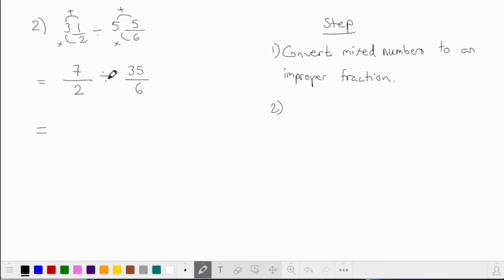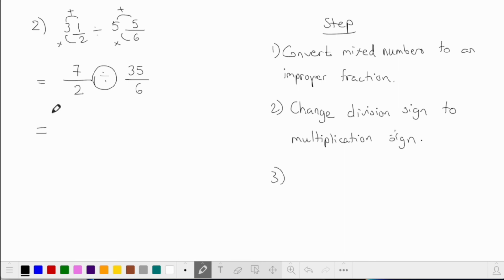And now, when we see a division sign, we have to change it into a multiplication sign.